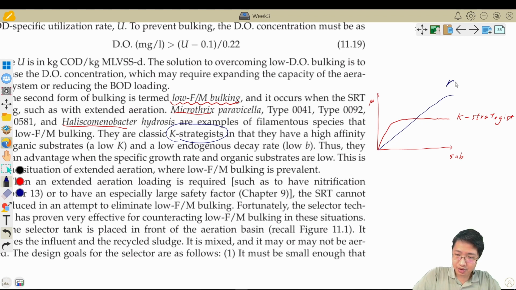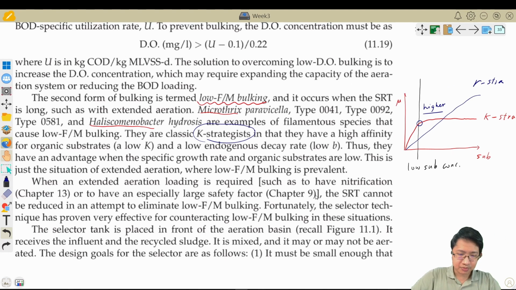Which means when you are handling low substrate concentrations, those bacteria that belong to the K strategist microorganisms will have a much higher growth rate compared to the R strategist microorganisms.